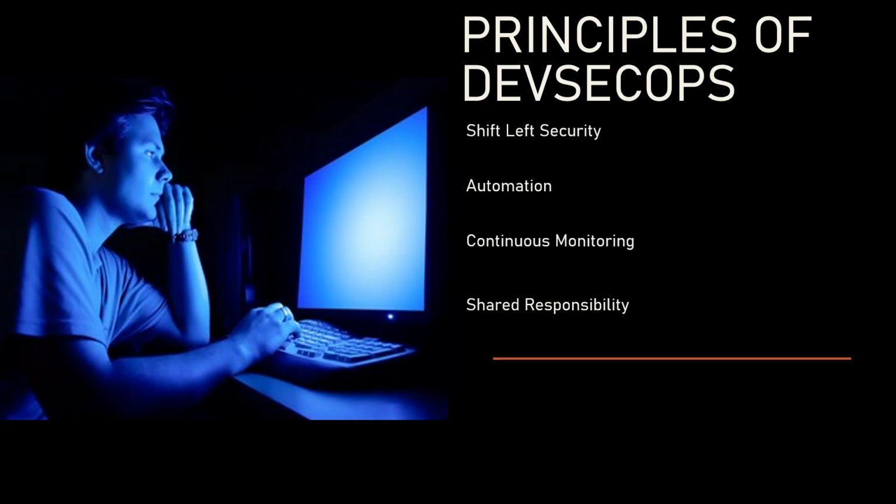But shared responsibility says if something goes wrong, this is going wrong across the entire board. This is a we problem, not a you problem, you know? So security is not just the job of the security team, but it is the job of the development team. It's the job of the operations team. So when something goes wrong, it is all of their faults, and yet still none of theirs.